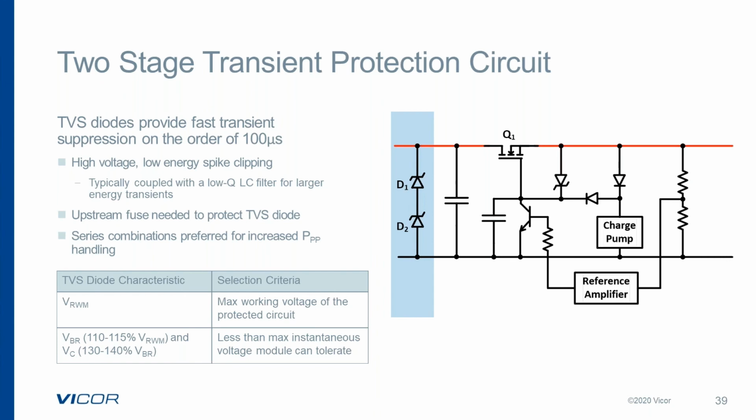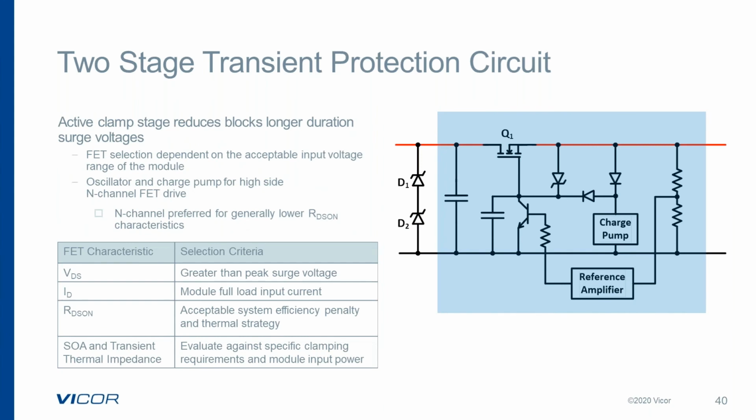We don't want this clipping or trying to draw current during the normal mode of operation, but it has to be sized such that it can actually clip the transient to stay within the transient operating range of the downstream DC to DC converter. So this is a shunting method of suppressing a transient spike.